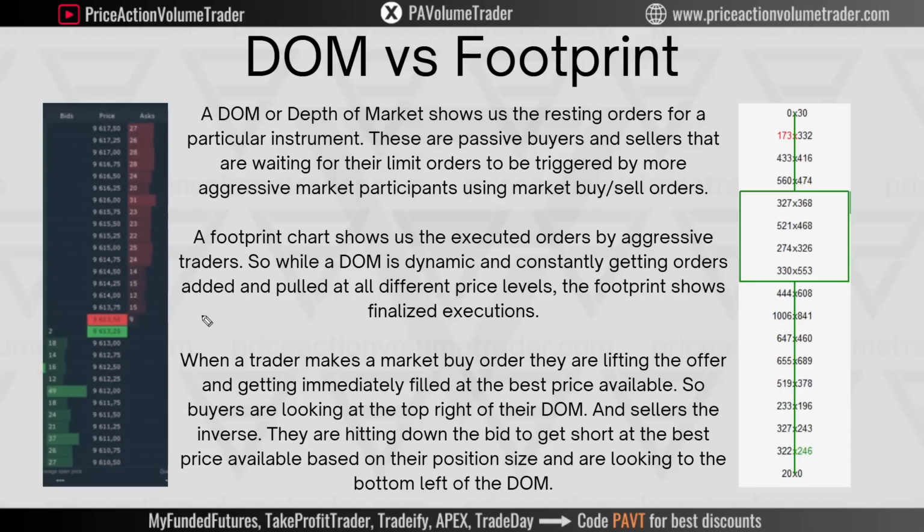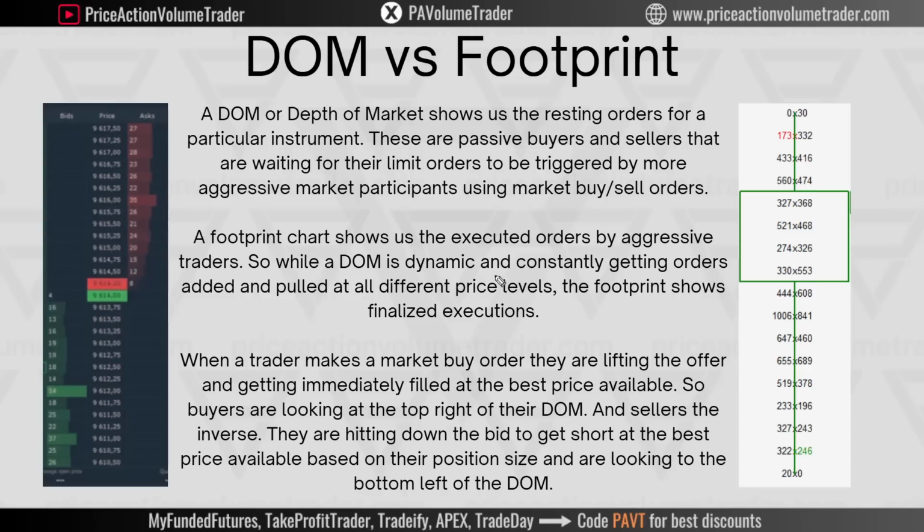Okay? But it's very important to understand that distinction: when you look at a DOM, these are passive limit orders, and when you look at a footprint, it's going to be the opposite. A footprint chart shows us the executed orders by aggressive traders.